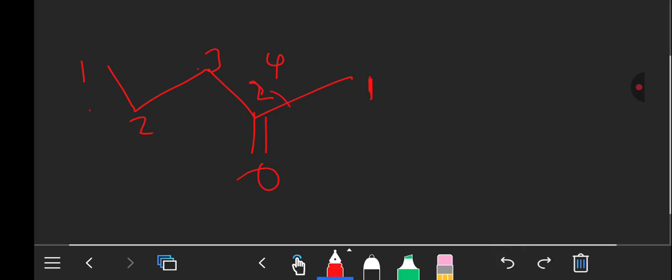So what would be the name of this ketone? How many carbons does it have? It has 1, 2, 3, 4, 5. So it is pent, that is 5, so it will be pentane.